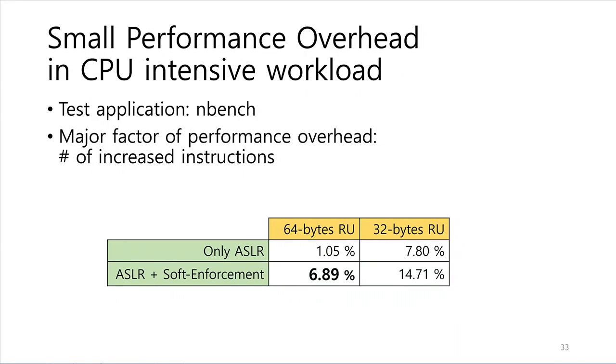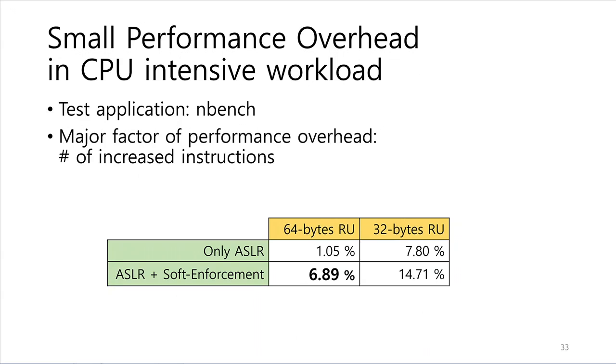In our micro benchmark evaluation, we measured the execution time of the mbench benchmark. It is a CPU-intensive workload. And as a result, the performance overhead was small, as shown in this table. The configuration with 64-byte randomization unit size with ASLR and software-based permission enforcement is reasonable because the overhead is less than 7%.